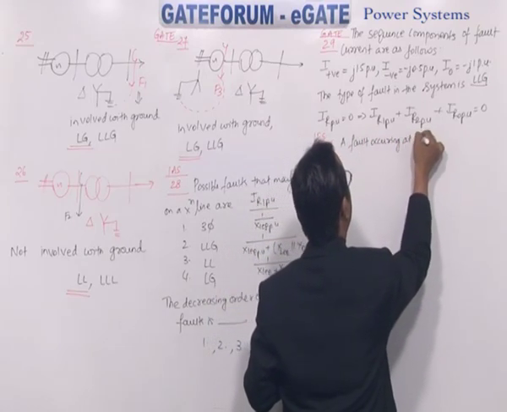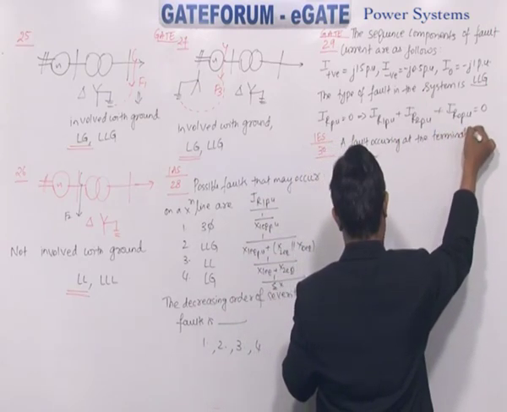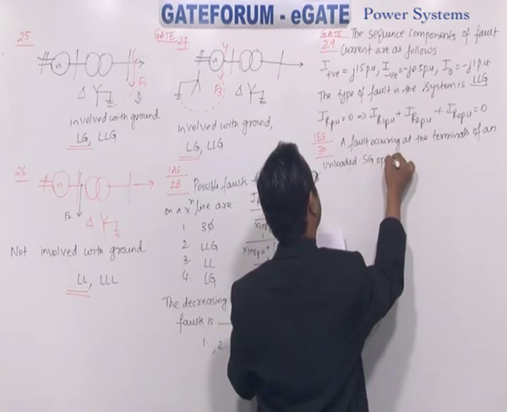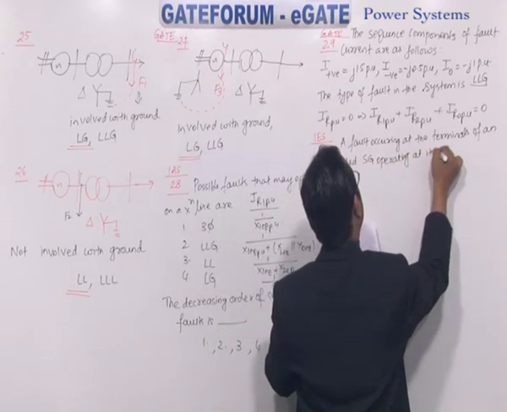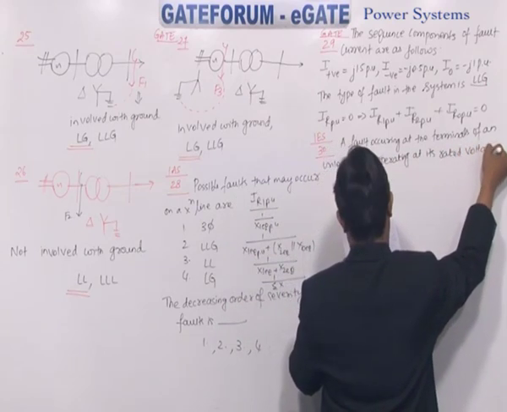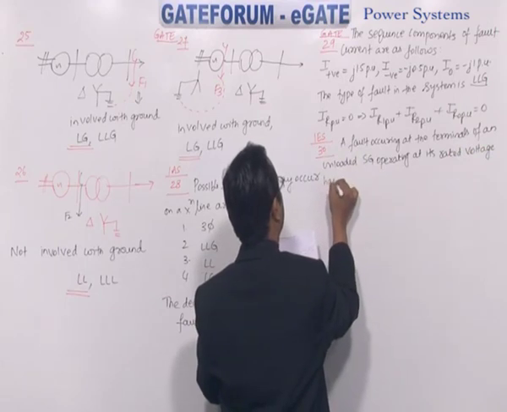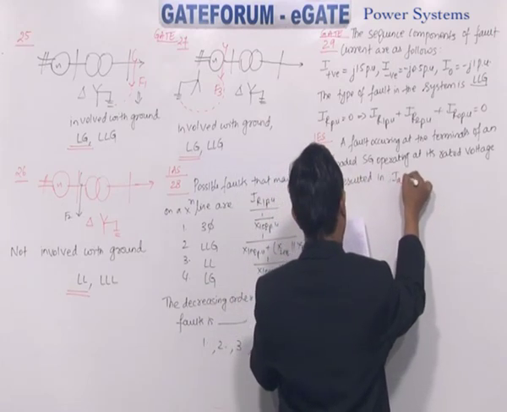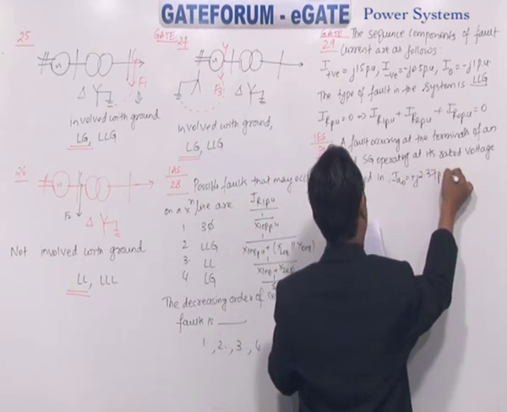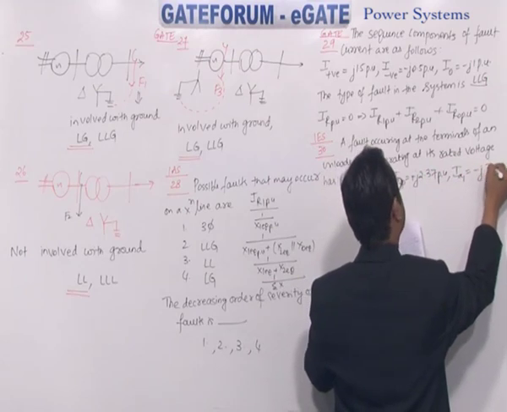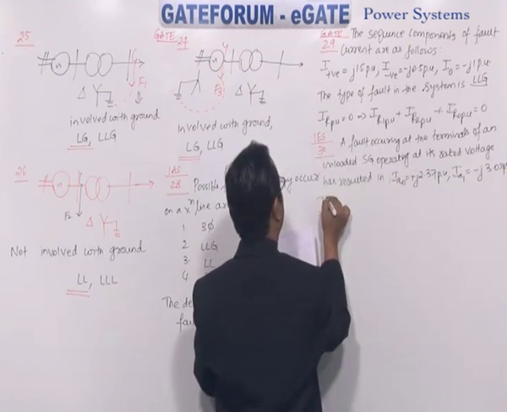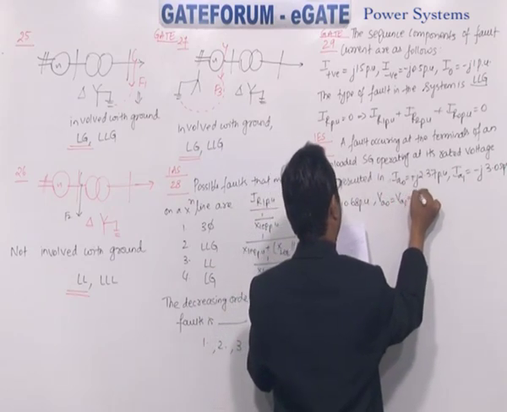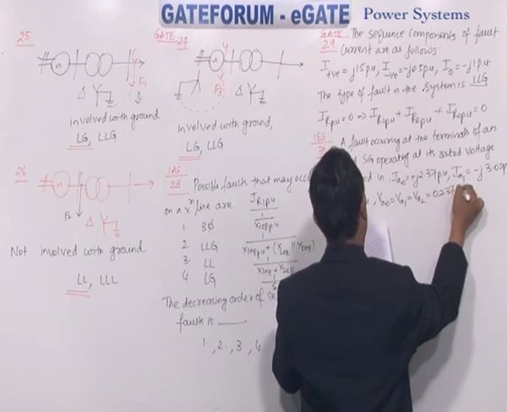A fault occurring at the terminals of an unloaded synchronous generator operating at its rated voltage has resulted in IA0 is J 2.37, minus J 3.05, IA2 J 0.68 per unit, VA0, VA1, VA2 0.237 per unit.